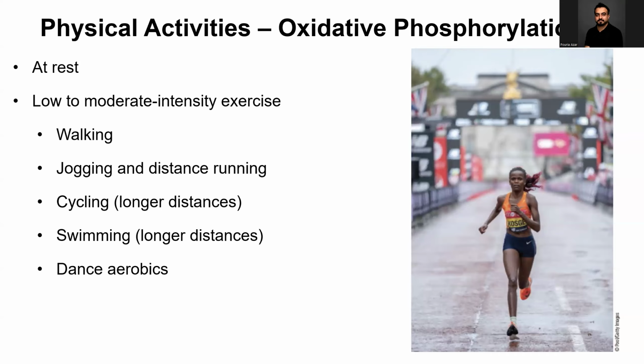We use those energy systems in high intensity exercises. But in low to moderate intensity exercise, we predominantly use oxidative phosphorylation. Examples of these types of exercises are walking, jogging and distance running, cycling, specifically for longer distances, swimming for longer distances, and dance aerobics.